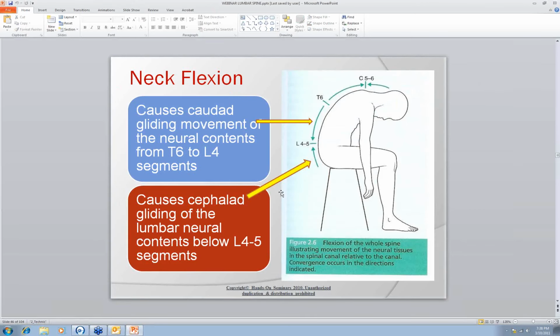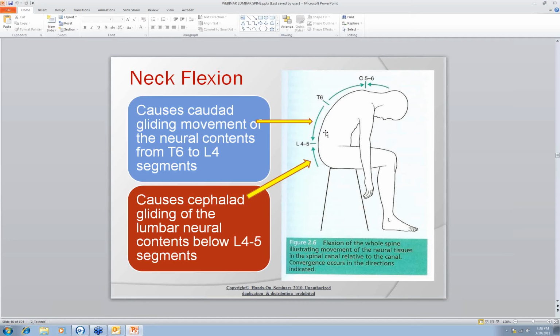So let's look at that. If now I flex the neck, because in the spine I have 3 fixed segments, C5, C6 is fixed, T6 is fixed, and L4, L5 is fixed.